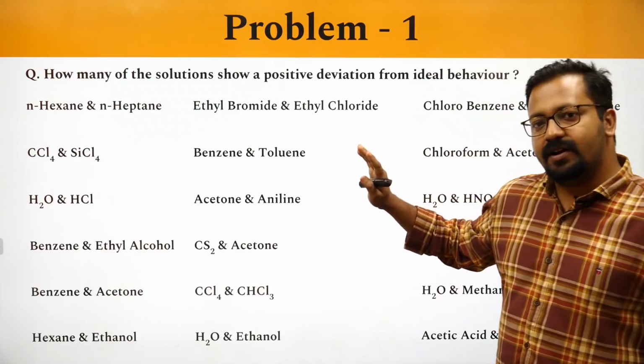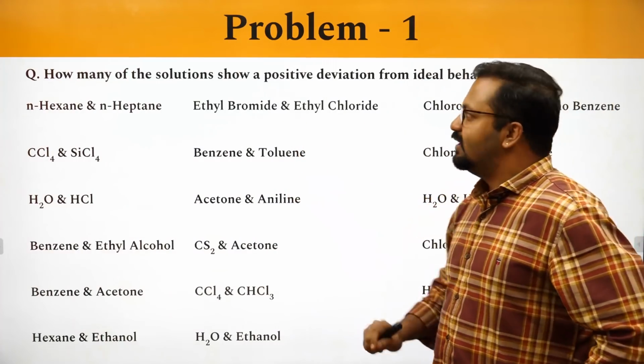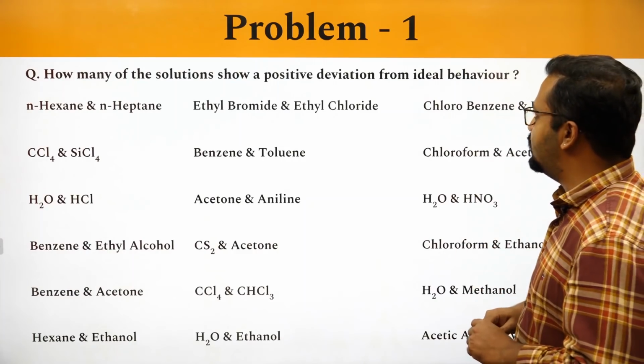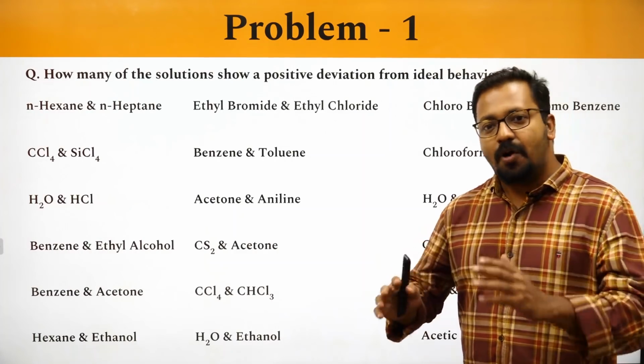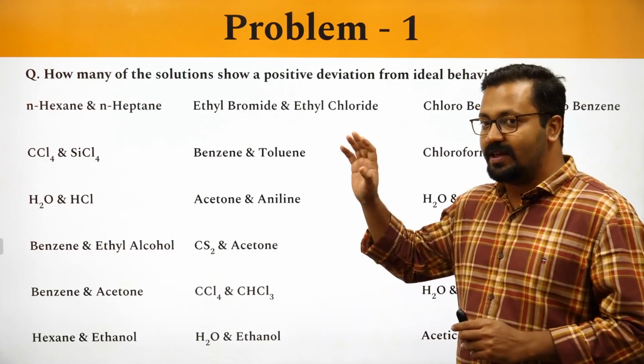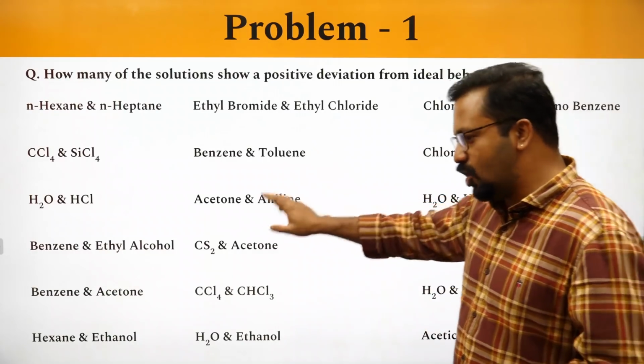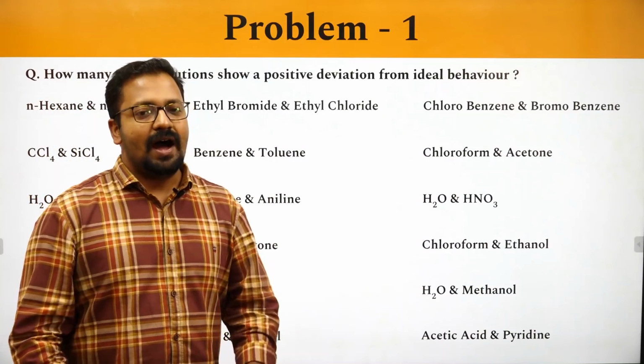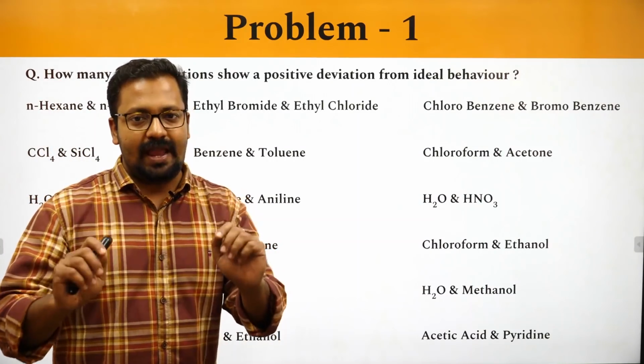This looks like a very wordy question, but let's read it. How many of the following solutions show positive deviation from the ideal behavior? There are no options, so this is an integer type question.